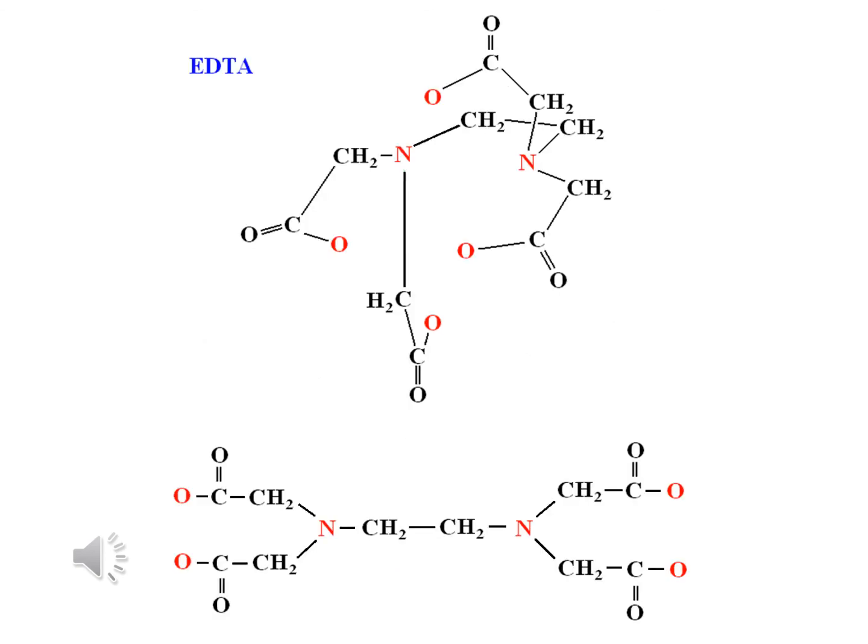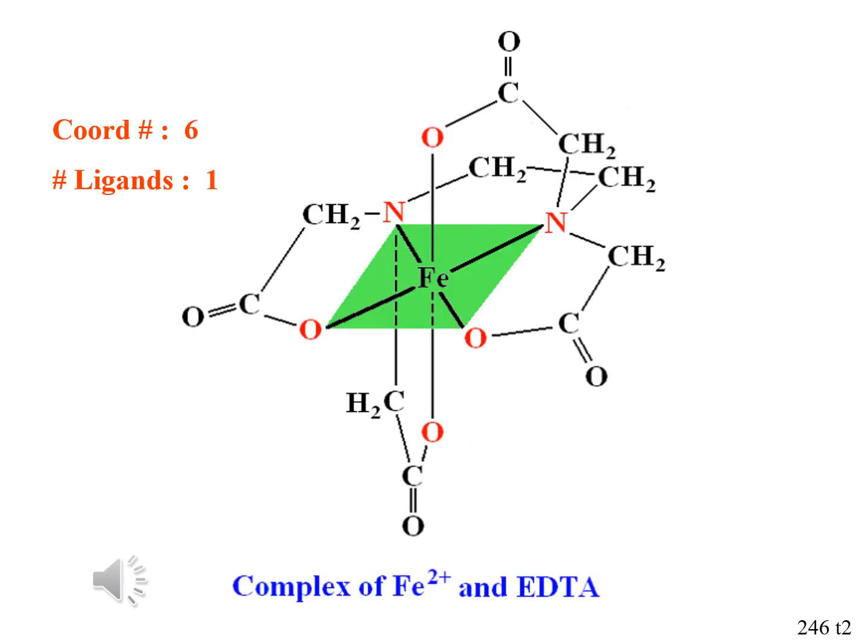I showed you that the EDTA molecule actually is one individual molecule, but it has 6 binding sites. This is what's called a hexadentate ligand. So since that molecule is all one, that means there's only one ligand, but the coordination number can still be 6, because that one ligand or molecule gives you 6 different binding sites.